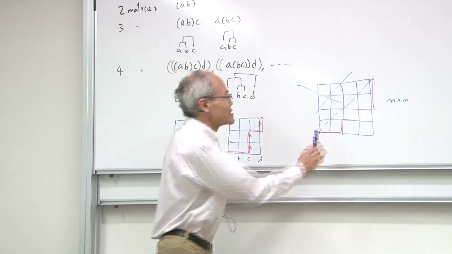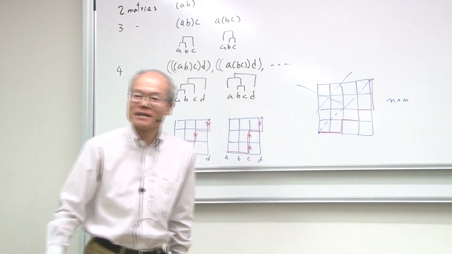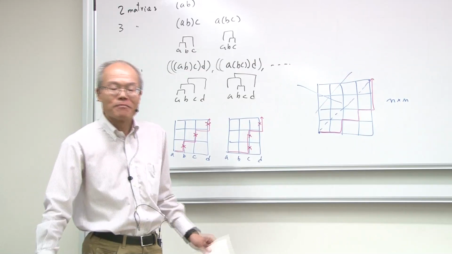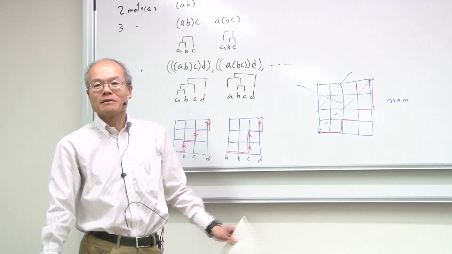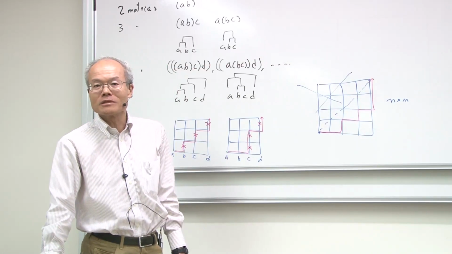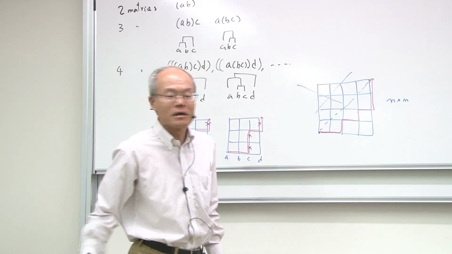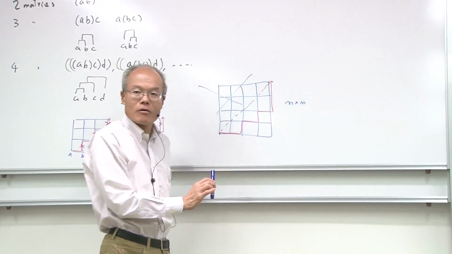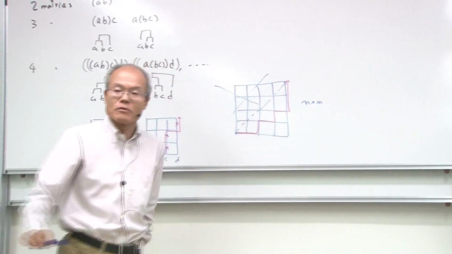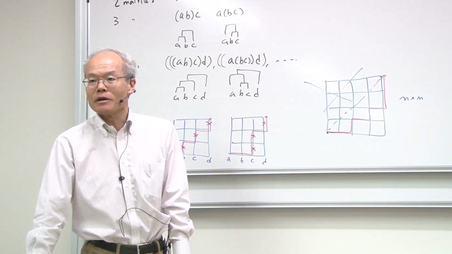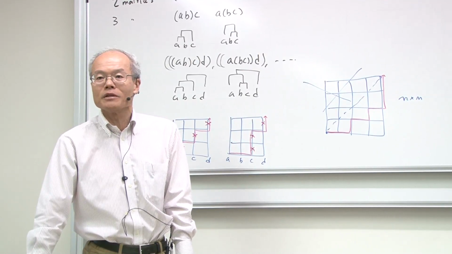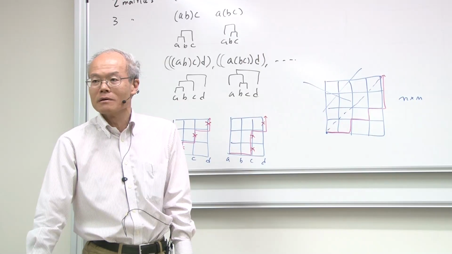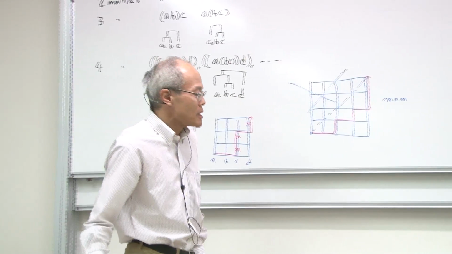Maybe this restriction is a little bit complicated, but just forget it. So let's consider the number of different routes from here to here. Now you can get into this part also. Then how many routes do you have?